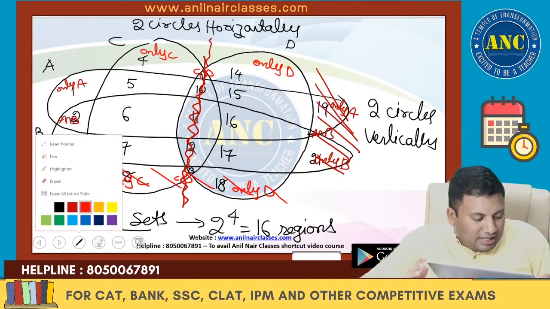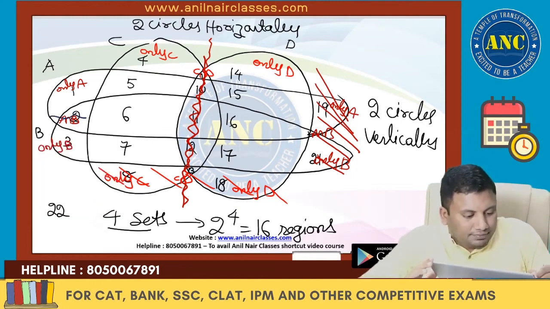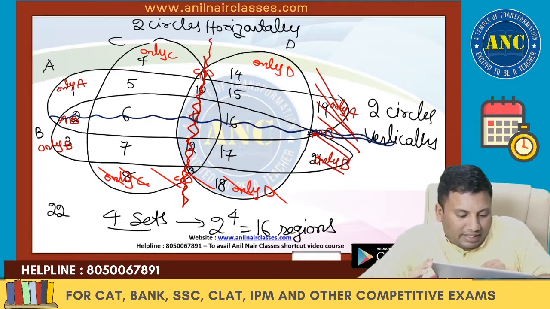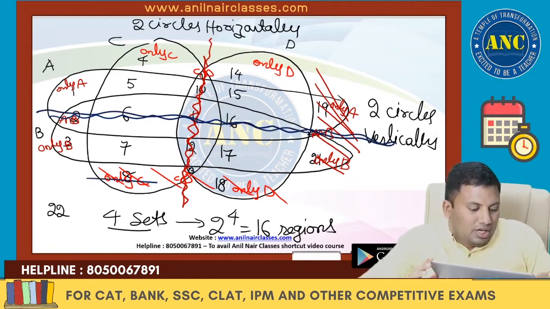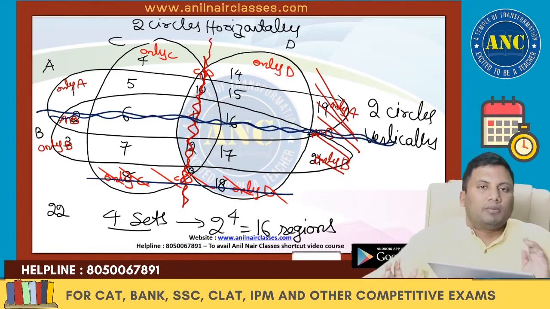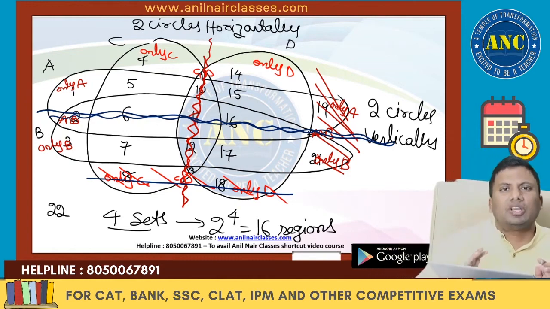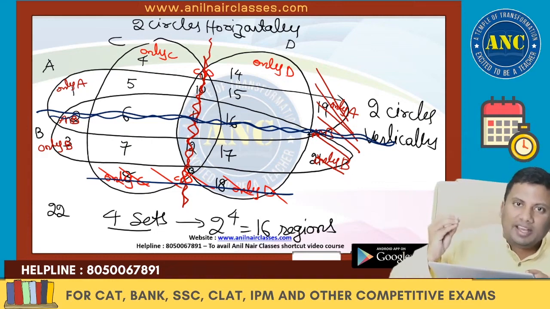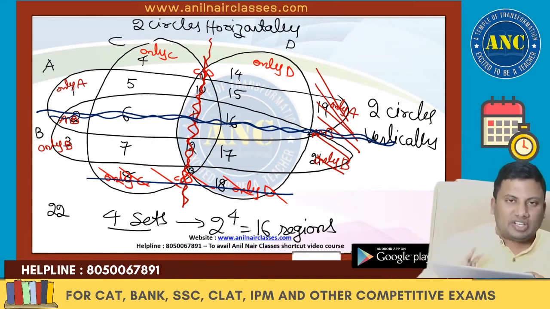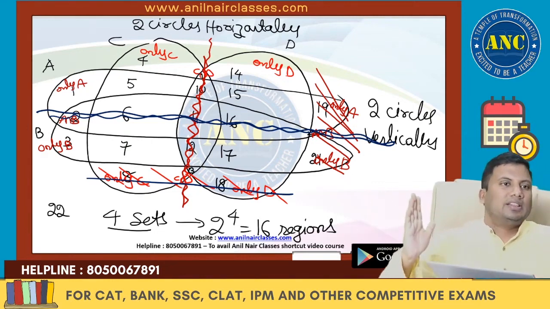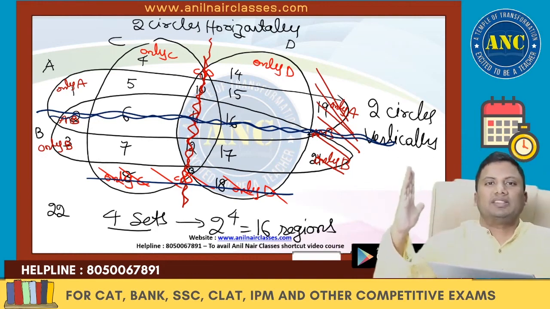If I take this as a water image, the bottom is the water image. Totally we got 22 regions, out of which 6 regions are written twice. What are those 6 regions? Only A, only B, A intersection B. Three are duplicated. The left side became the same as the right side.